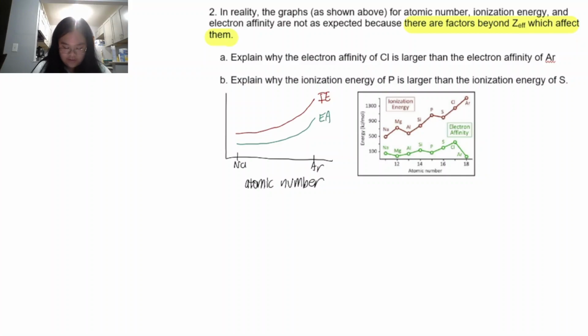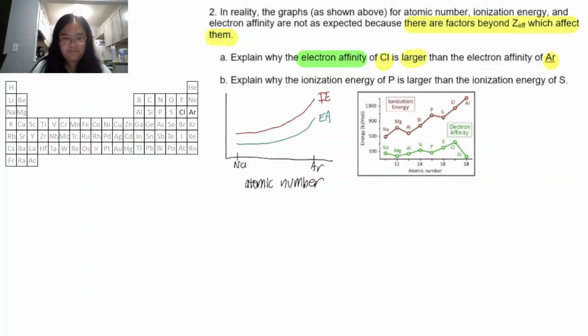So for part A of question 2, it asks us why the electron affinity of chlorine is larger than the electron affinity of argon. So the first thing we should do for a problem like this is pull up a periodic table and locate the elements in question. And once you do that, you should draw an energy diagram of each element.